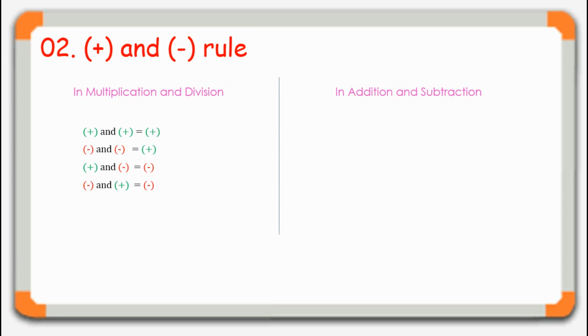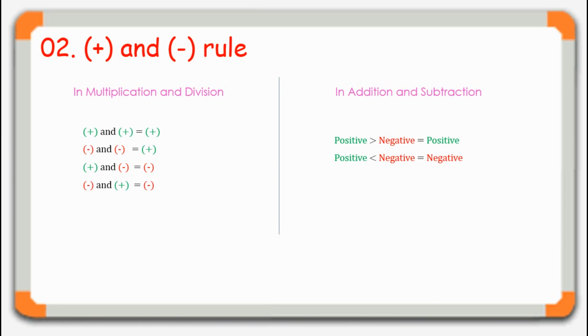And if you multiply or divide a positive value with a negative value, you get a negative answer. And when you multiply or divide a negative value with a positive value, you get a negative answer. That is what this rule tells. This is only applicable in multiplication and division of terms.